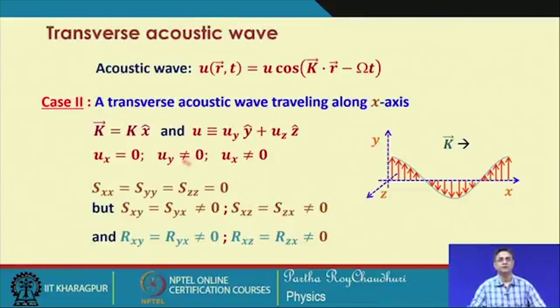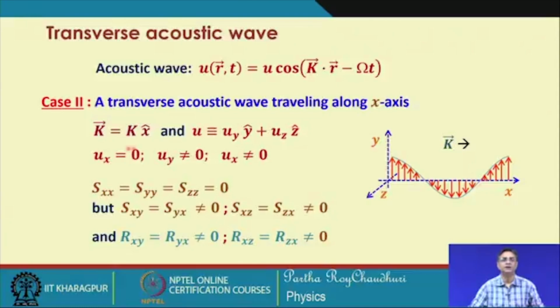If we consider the transverse acoustic wave along the x direction, then we can write the propagation vector as k magnitude and k unit vector. Because we are not specifying whether this transverse acoustic wave is polarized along the y direction or the z direction, if it is propagating along x, then it can have two polarizations, one along y and one along z, and these are the two pure transverse polarizations.